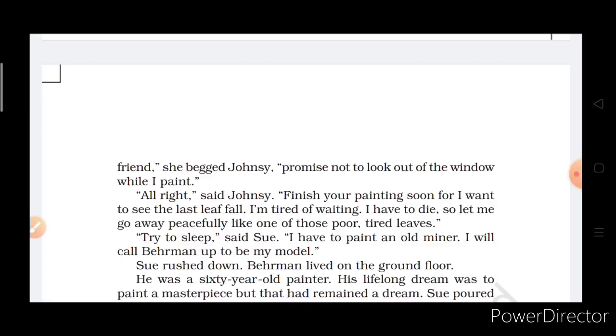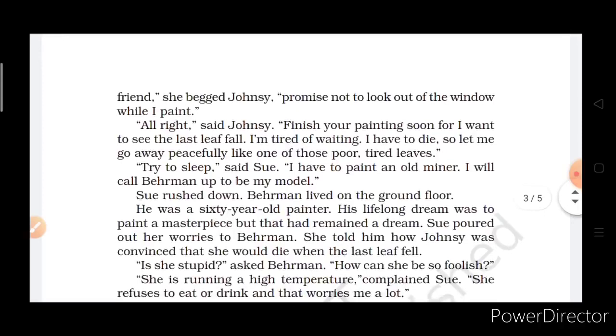Johnsy tells her, "Okay, you do your painting work, but complete it soon because I want to see the last leaf falling down. When it falls down, I will die because I am tired of waiting." Sue tells Johnsy, "Try to sleep."